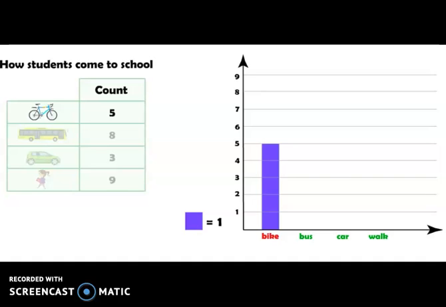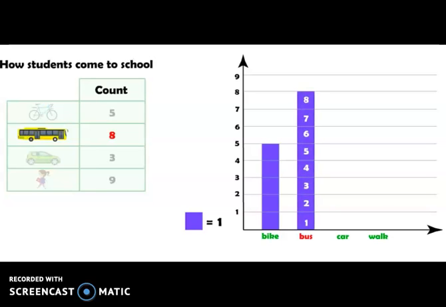Notice how all colored squares combined make a long bar. Moving on to the next category, there are 8 students who take the bus to school. So on top of the bus category, we color 8 squares. And there are 3 students who come by car.